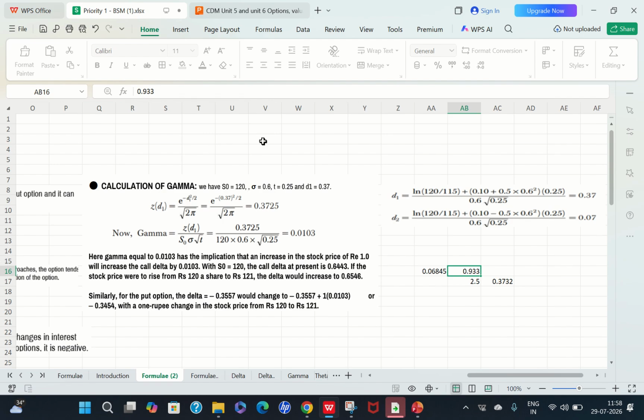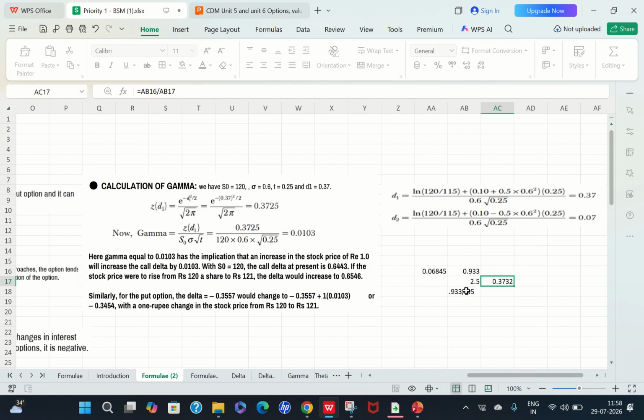Anybody having doubts? Okay. So 0.933 divided by 2.5, if you do this, you will come up with a number of 0.3732. So almost it's nearing up.